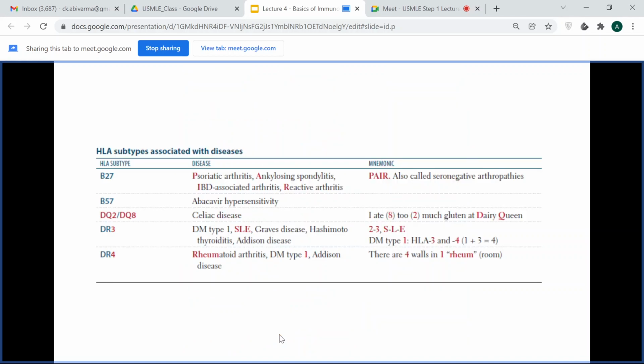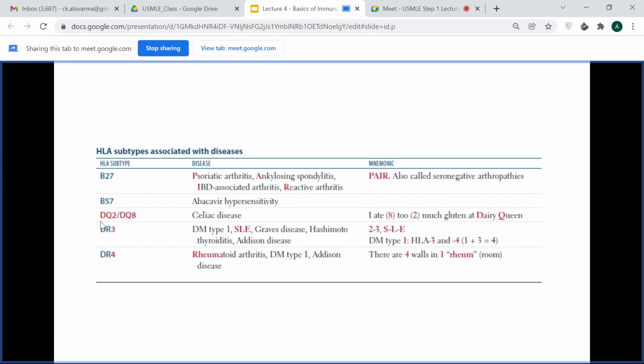This is what I mentioned before. Some of the HLA subtypes, you cannot call them mutations, because they are just allelic variations present in the population. Maybe 15% of Caucasians have B27, or something along those lines.